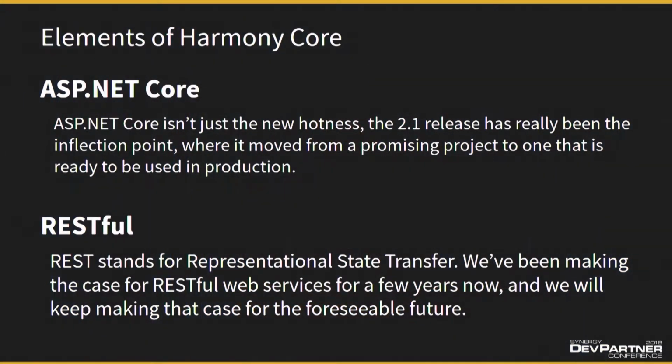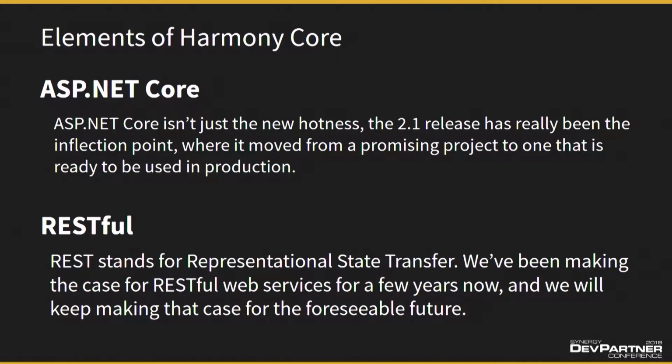We are currently on the 2.1 release, which is a really important moment for .NET Core because it represents when they've not only got the features and functionality that's required for prime time, but they've had a little bit of time to iterate on those features and functionality, and things are actually starting to get really polished and very usable. We are a RESTful web service.